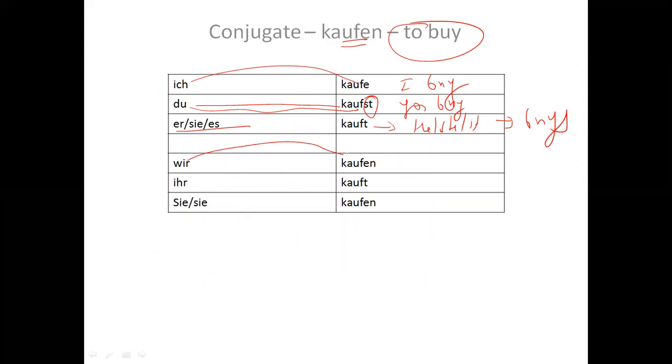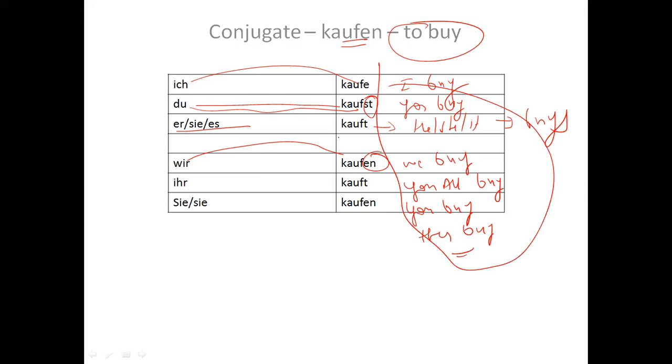Then wir kaufen means we buy, then ihr kauft, you all buy, and then Sie kaufen, you buy, and sie kaufen, they buy. So this will be the translation for it. If you get ich kaufe, it will give you the meaning of I buy.